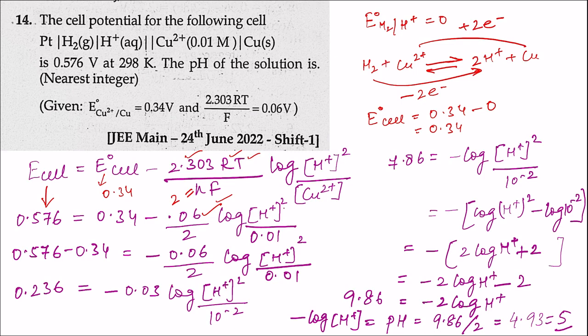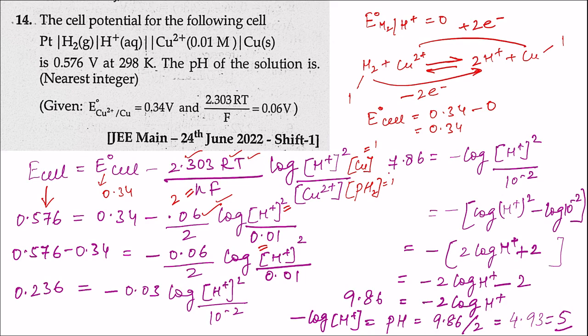So log H plus raised to the power 2 divided by copper ion concentration, which is given in the question as 0.01. Now here the concentration of neutral copper atom is 1, partial pressure of hydrogen is 1. So in the Nernst equation, even if you write the concentration of copper and partial pressure of hydrogen, since it is equal to 1, the final expression will be log H plus whole square divided by 0.01.